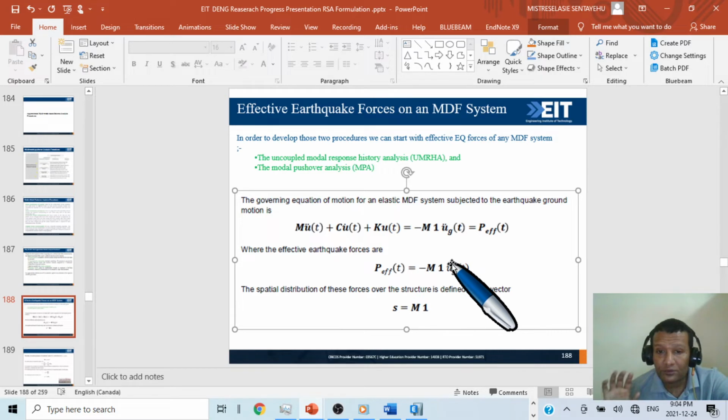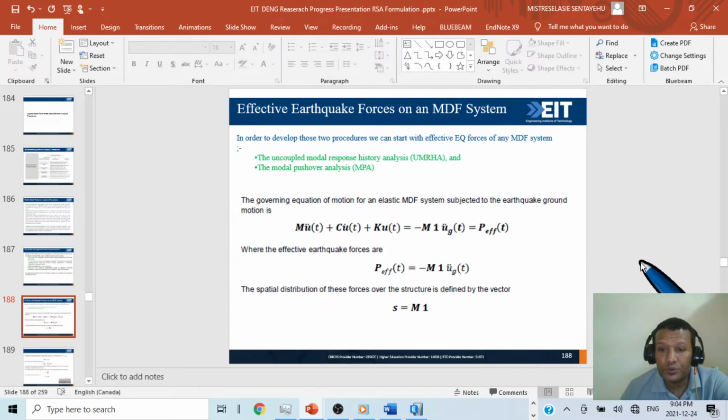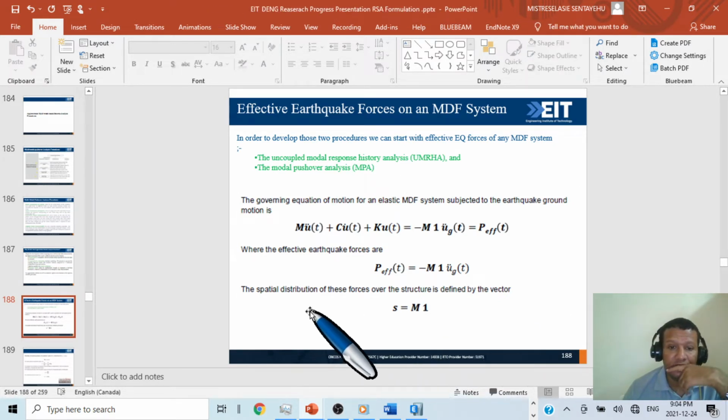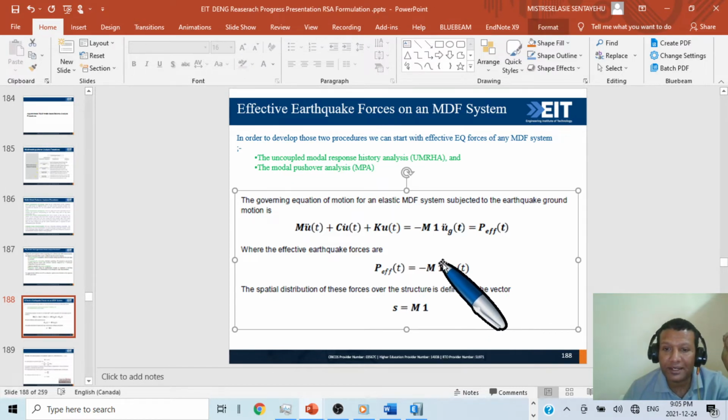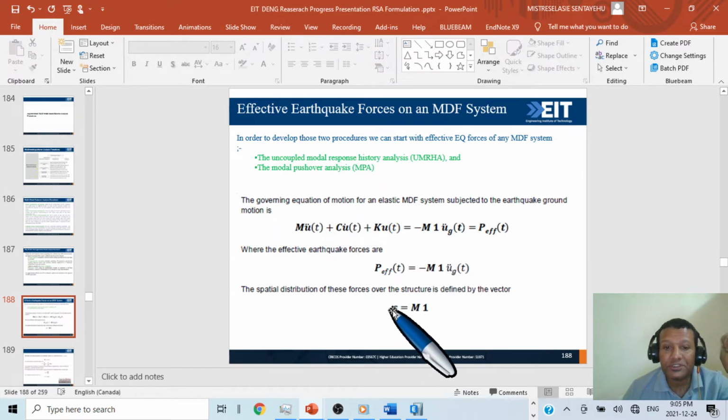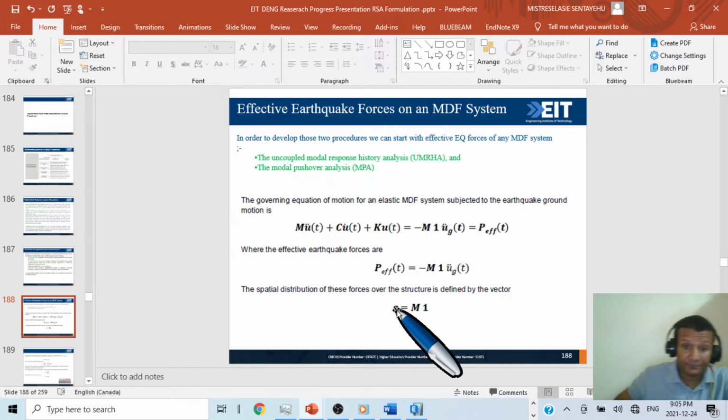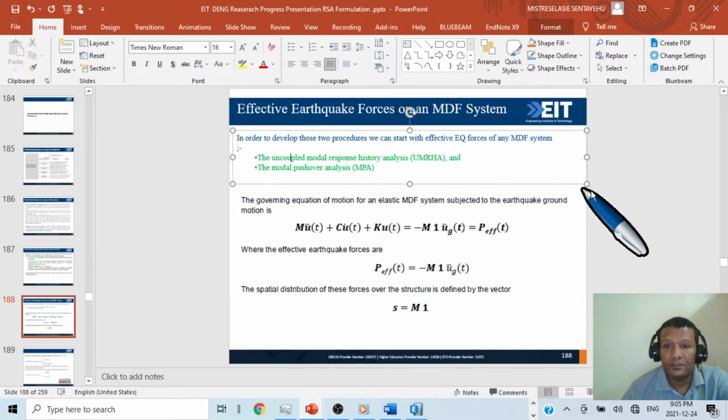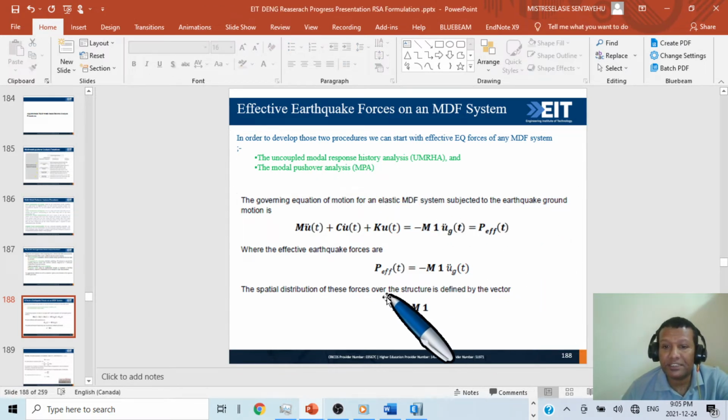Now we are going to introduce a new concept other than what we discussed in the first video. The spatial distribution of those forces over the structure is defined by this vector. So let's change m times 1 into a spatial distribution. We use this concept to generate the UMRHA procedure, and the modal pushover analysis procedure is based on this.